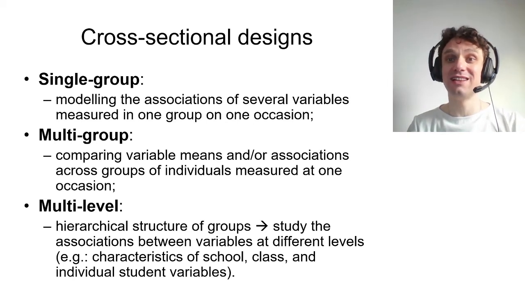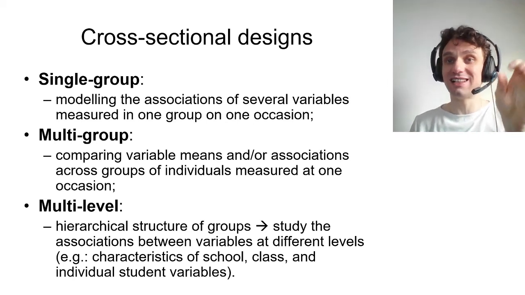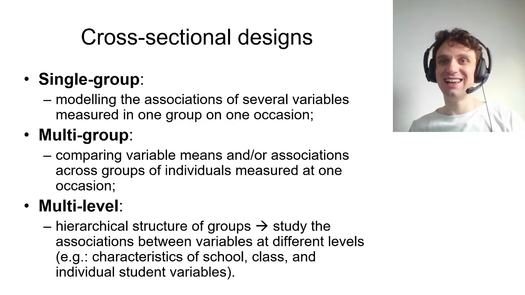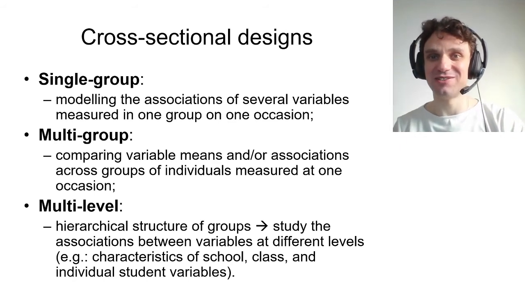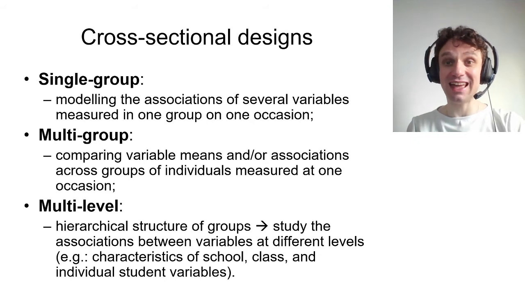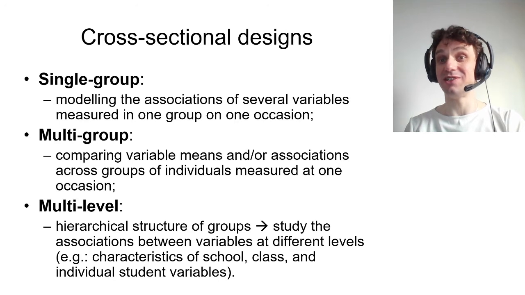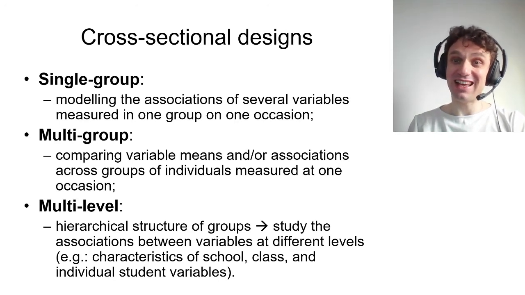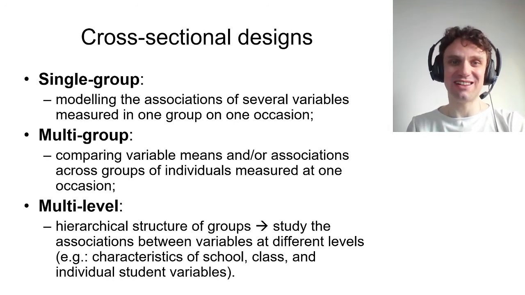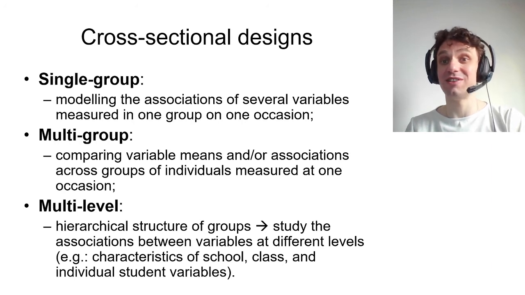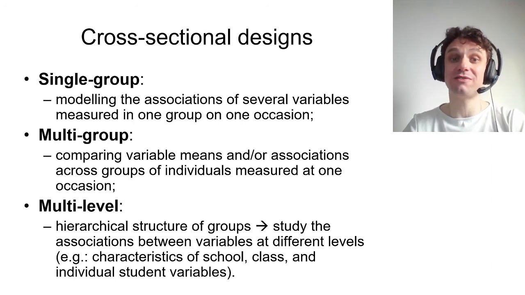For example, you have children grouped in classes and classes grouped into schools, and there are some variables at the level of school and at the level of class, like the number of children or attitudes of the school headmaster. If you have this kind of data, you will need a multi-level model. Luckily for us, it's rarely that we have this kind of data, so normally we just work with data from a single group of individuals.